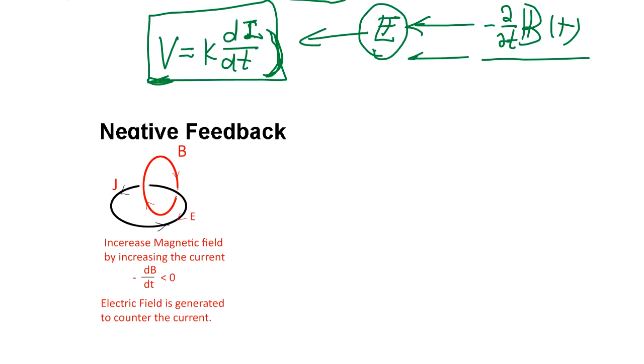Basically it's a negative feedback. If J flows this way, then B is generated this way. If J increases, then B increases, and the increase of B points this way.